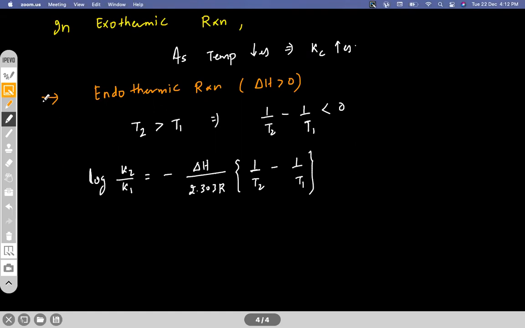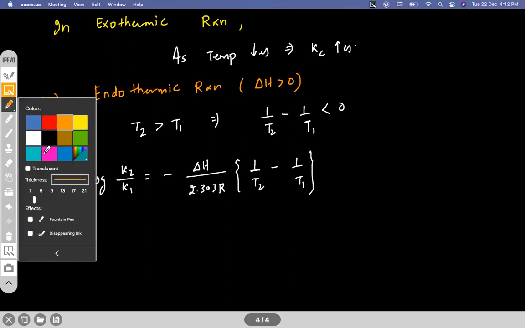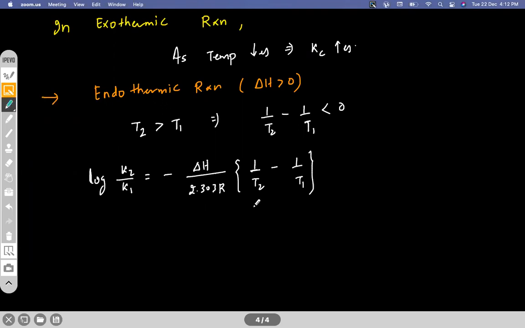Here 1 by T2 minus 1 by T1 is negative and delta H is positive, so negative times negative times positive gives log of K2 by K1 greater than 0. So K2 is greater than K1.